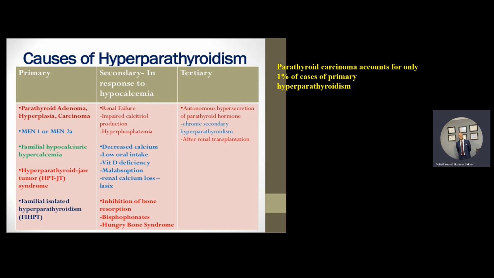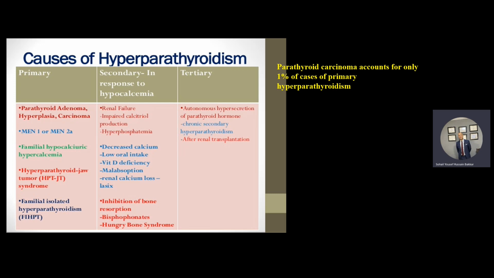Yes, indeed, this is what happens in the vast majority of patients, and the condition is corrected. However, in 3% of patients who undergo renal transplant, the parathyroid glands, which were over-secreting due to the secondary hyperparathyroidism, become autonomous and continue to over-secrete autonomously in this patient. So this is called tertiary hyperparathyroidism.